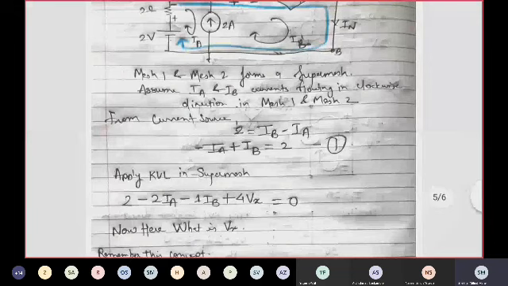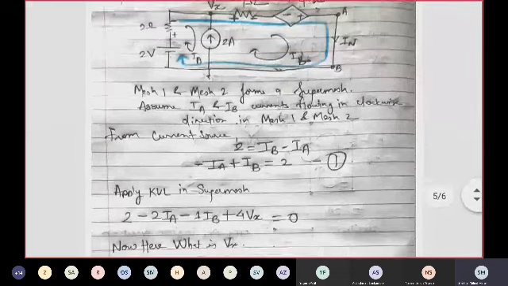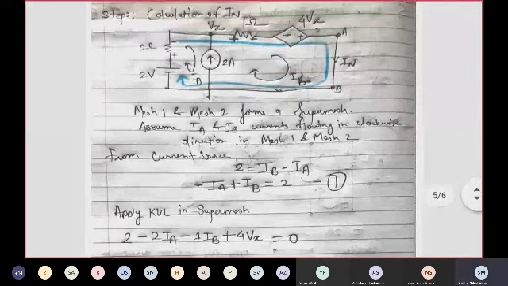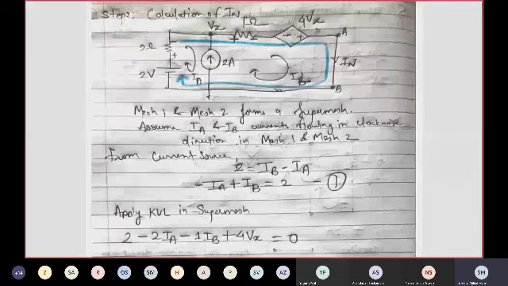Then apply KVL in the super mesh. Negative to positive 2. Now I am writing the polarity, positive negative, that I have got because of the current IA. So 2 minus, positive to negative, minus 2 IA.